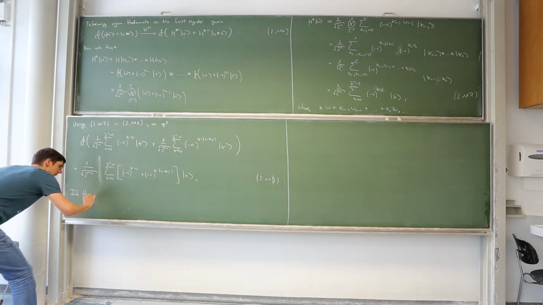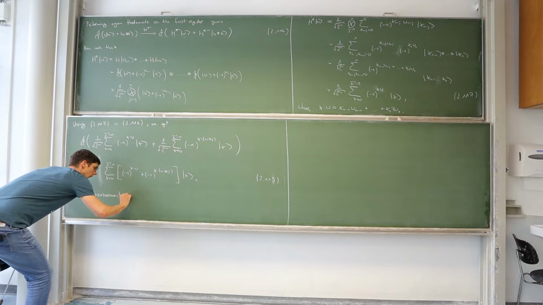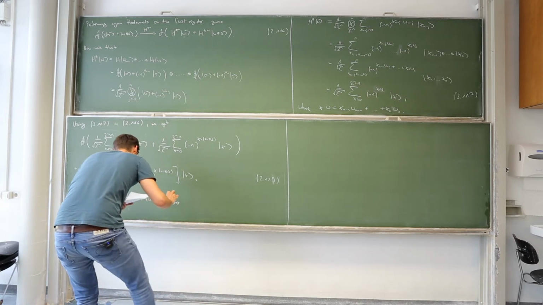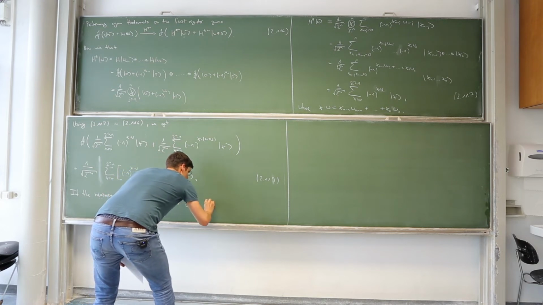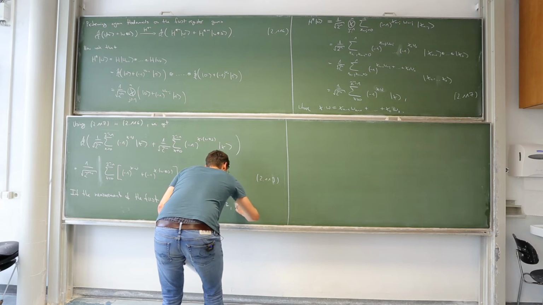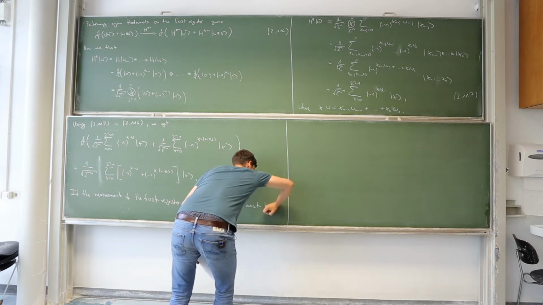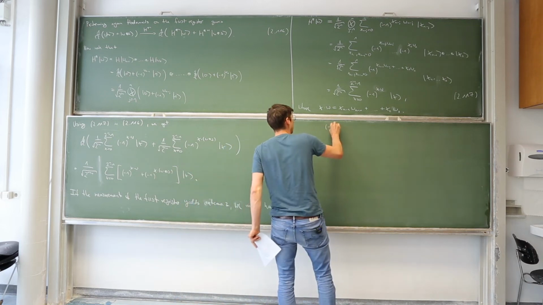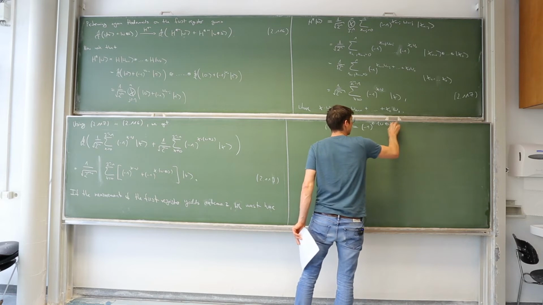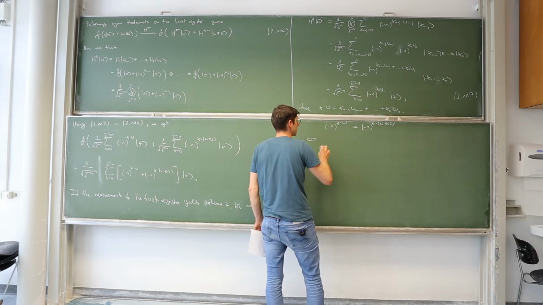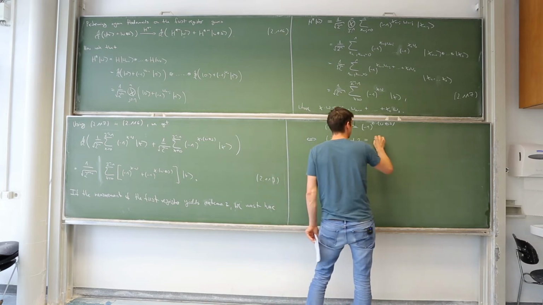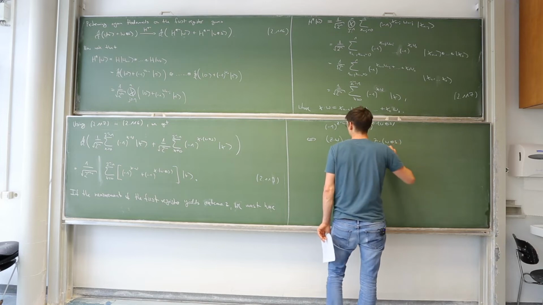Means if the measurement of the first register yields outcome z, we must have that minus 1 to the power of z times w is equal to minus 1 to the power of z times w plus s, okay, which is the same as z times w modulo 2 is equal to z times w plus s modulo 2.